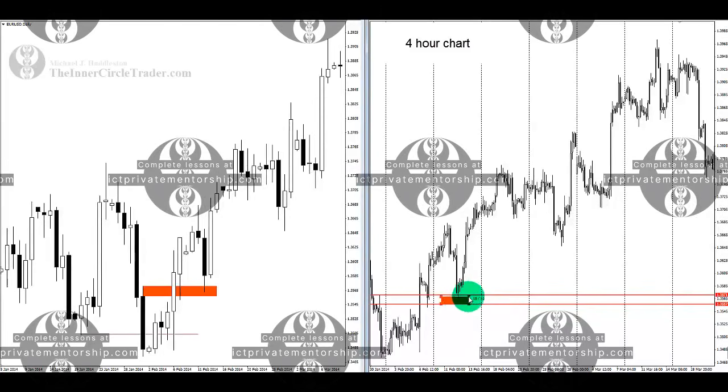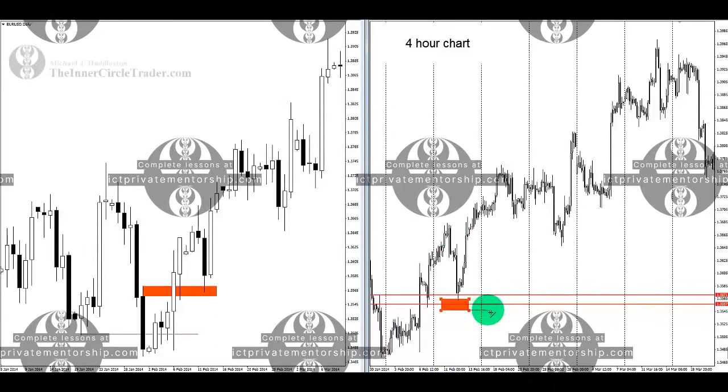So right about there, at 7 pips, we want to go at least 10 pips below it. There's your stop. This is where your stop loss would be.